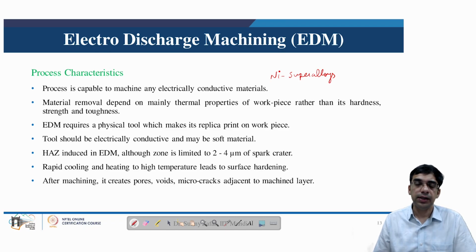Sometimes in EDM, because of the rapid cooling of the molten surface of the workpiece, there is surface hardening because of the quenching effect of the surrounding dielectric fluid, and this quenching effect may sometimes create some pores, voids or micro cracks adjacent to the machined layer.